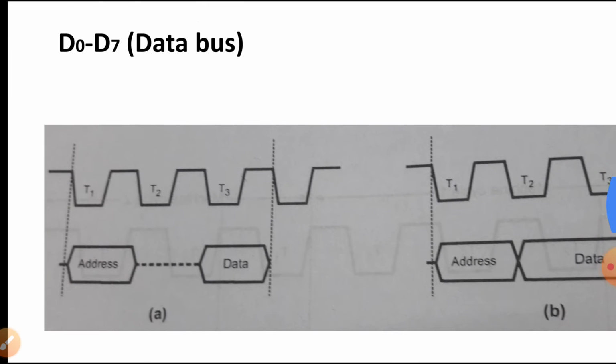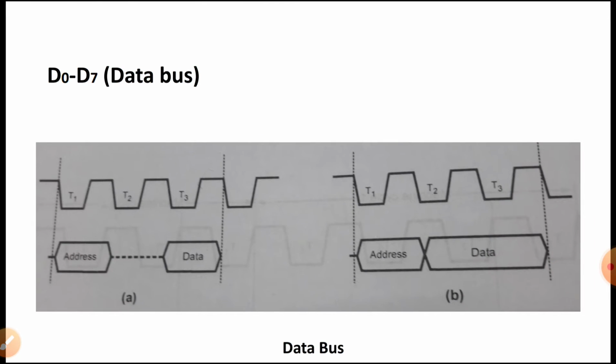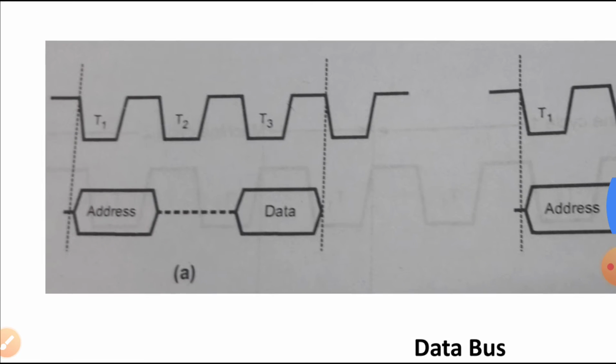Now the data bus. The data from the memory or the input output devices, and from the microprocessor to memory or input output devices, is transferred during T2 and T3. Whatever data transfer has to take place, it takes place during the T2 and T3 states.